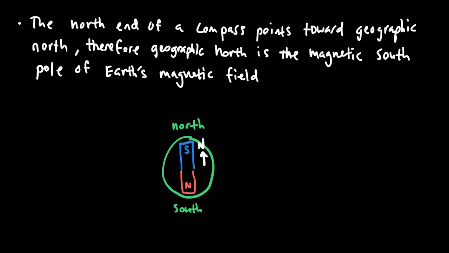But we know that for a bar magnet, the north end of the compass points toward the south end of the magnet, or at least the magnetic field lines that emanate from the north end of the bar magnet will point from that north to the south pole. And so if the compass is pointing to the north, that must mean that the north geographic pole is the south pole of Earth's magnetic field.